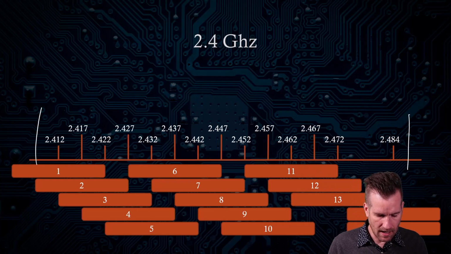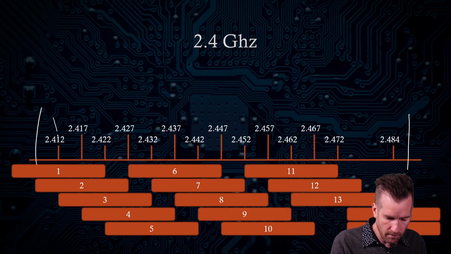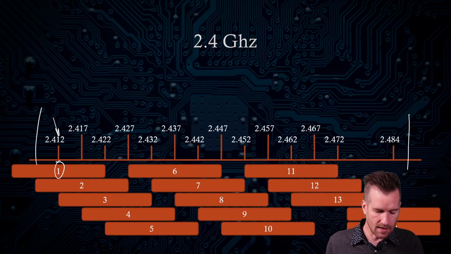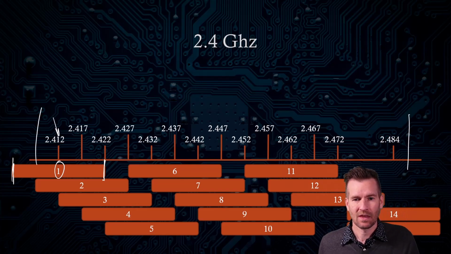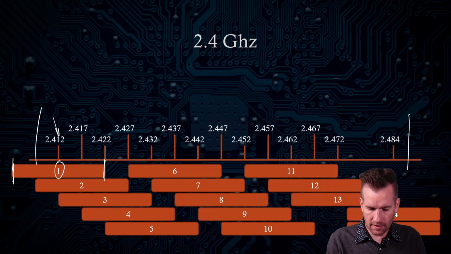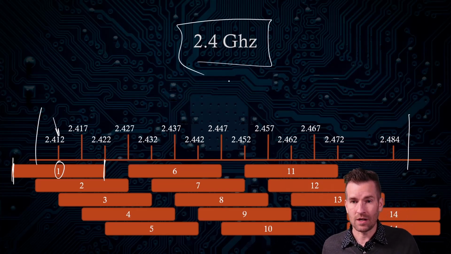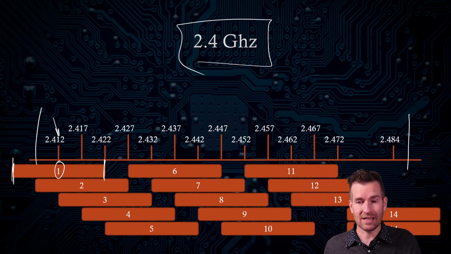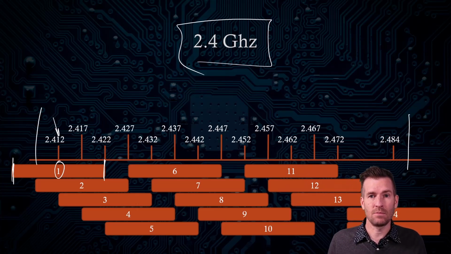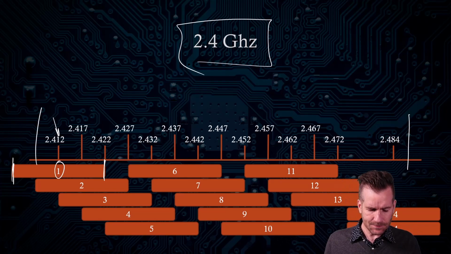So that's what you see right here: 2.412 is devoted to that first channel, but that channel has a range to it. So the 2.4 gigahertz frequency, depending on what country you're in, will have 1 to maybe 11, possibly up to 14 different frequencies that it can communicate across.